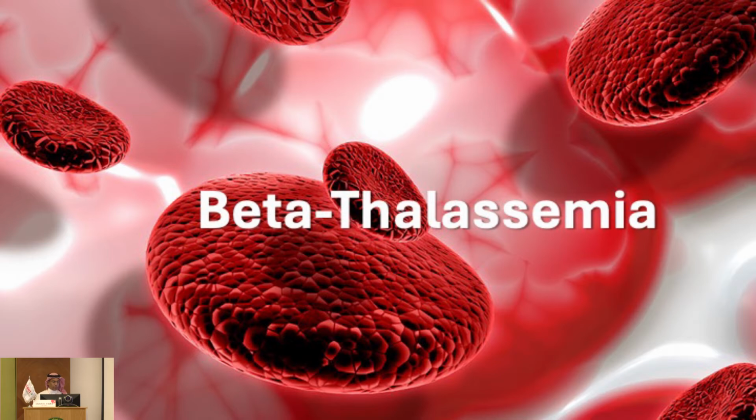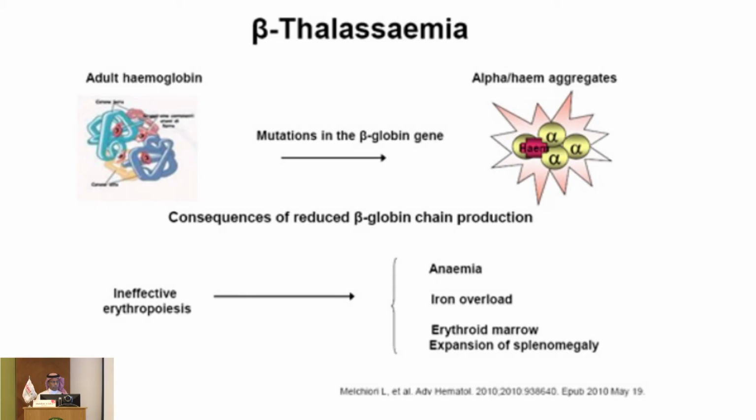In beta thalassemia, you have a problem of making the beta chains, and these patients are unable to produce enough red blood cells. Therefore, they rely on blood transfusion since early infancy. As I mentioned, the integrity of hemoglobin is important to keep the structure functioning.